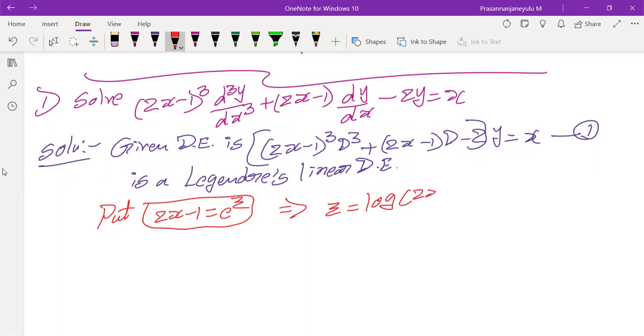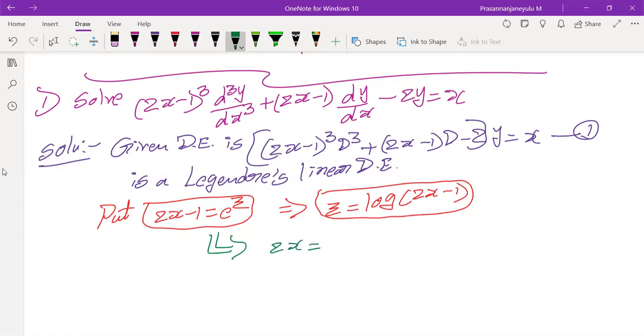Just for future reference, I am writing this also. But how can we write this one? From this, 2x equals, taking minus 1 to the right hand side, it becomes plus 1, so 1 plus e power z. That implies x can be written as 1 by 2 into (1 plus e power z). Is it okay? Is everybody understanding?